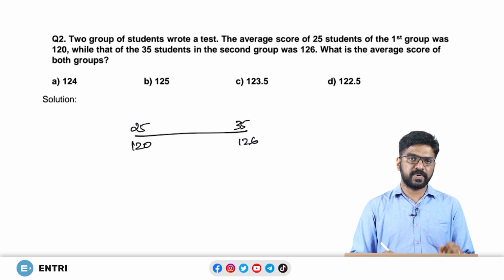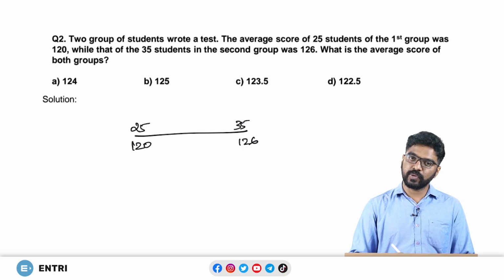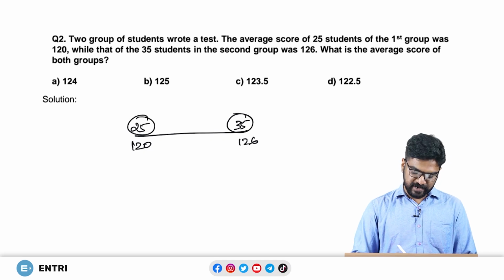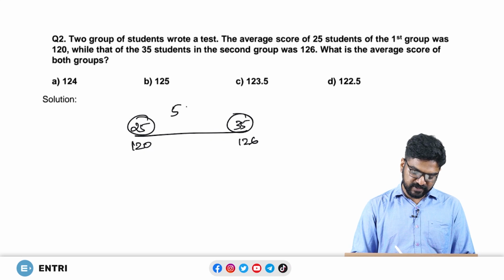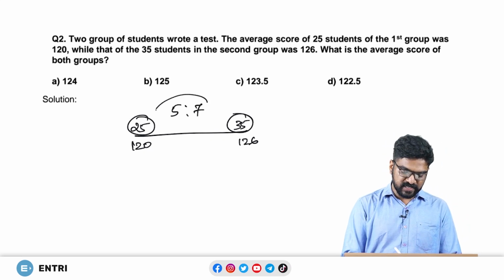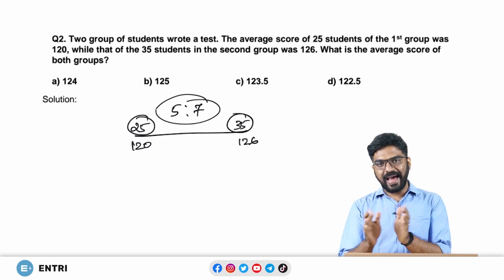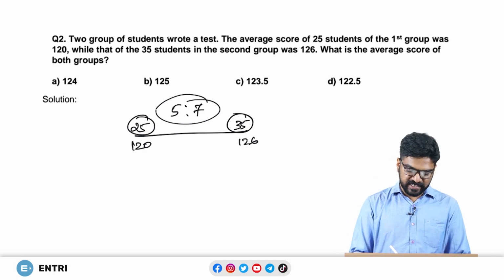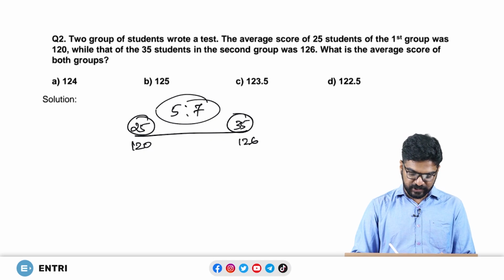So what is the first step in this process? The first step is to calculate the ratio of the weights. The ratio will be nothing but, since 5 is common here, 5:7. The second step is you need to reverse this ratio, just like how we balance the pivot, right? We are just inversing the ratio, so it will become 7:5.